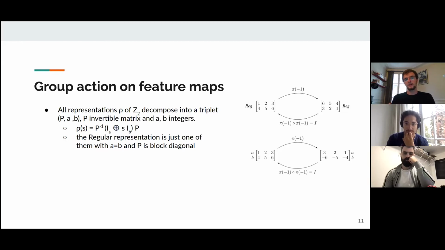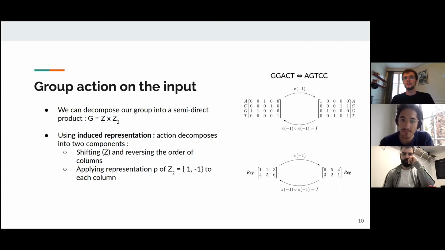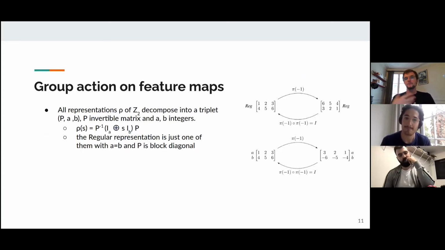Here, what I was mentioning about the induced representation is that you can choose what happens to each bit. Flipping the bits is a weird way to see it; actually, you apply a permutation.